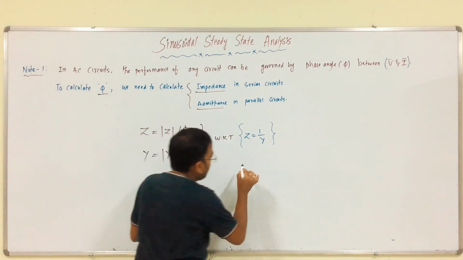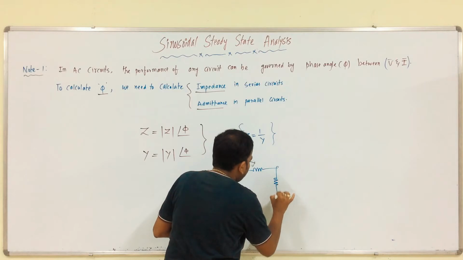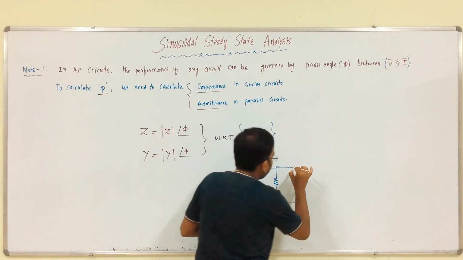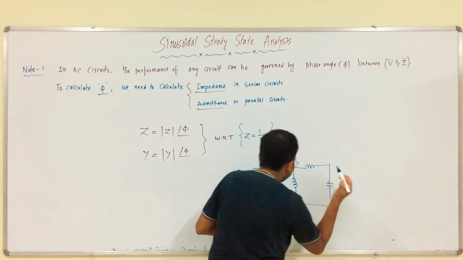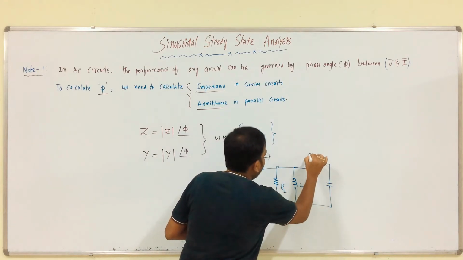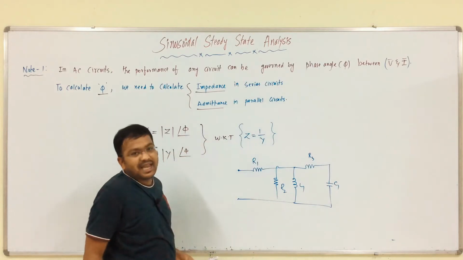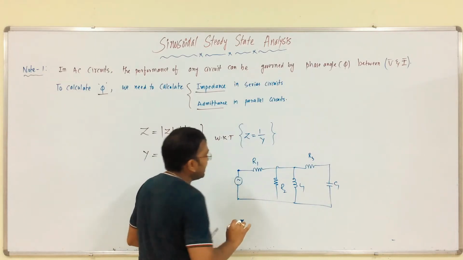For example, if the circuit is like this, we have a series combination like this. Okay. So, we have R1, R2, L1 and R3, C1. The circuit is like this, with AC excitation.